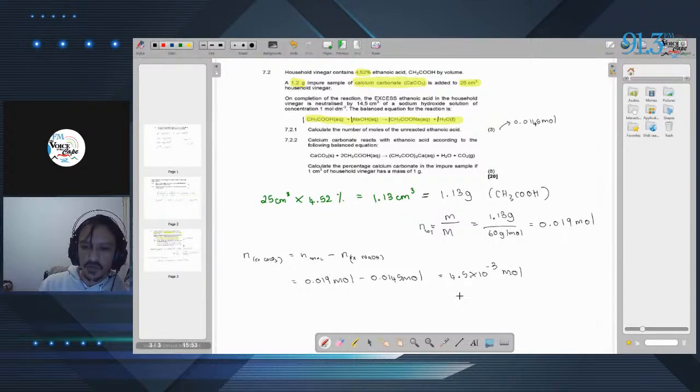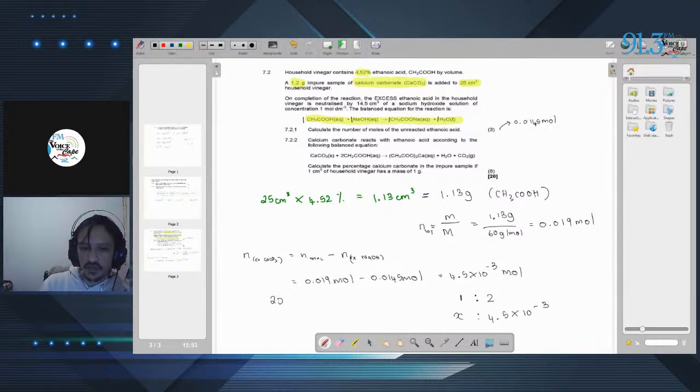So we know that it's going to be 1:2. On the 2 side, we have the acetate, we have 4.5 times 10 to the minus 3. Over here is the unknown x, which is calcium carbonate. We cross multiply.